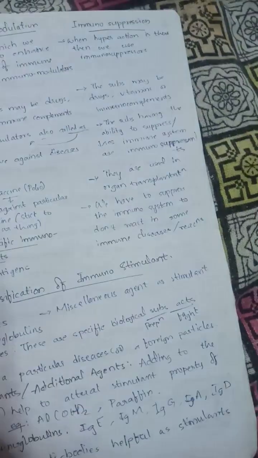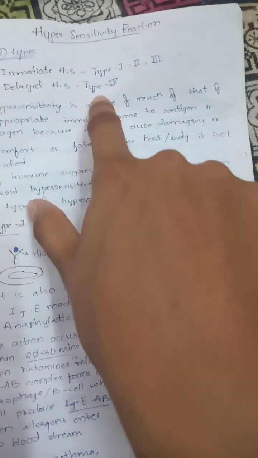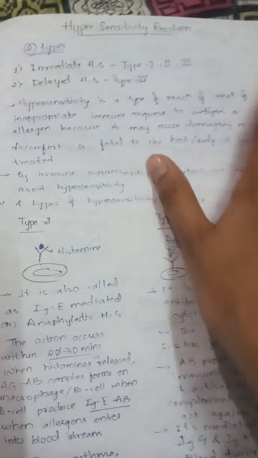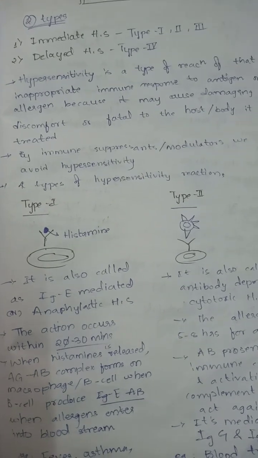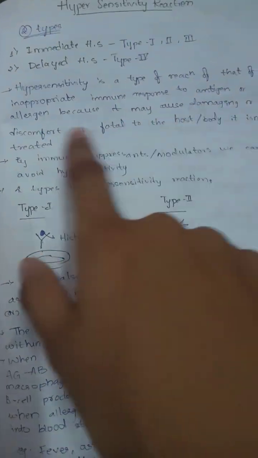But in type 4, 24 to 72 hours are taken to show the action. What is hypersensitive reaction? It is a type of reaction due to inappropriate immune response to the antigen, which may cause damage and may be fatal to our body.